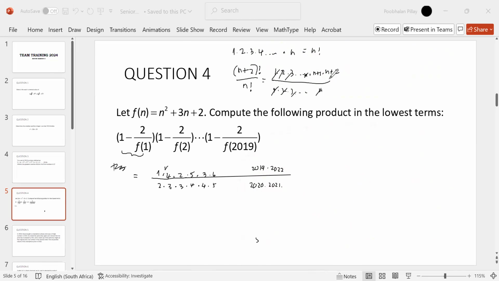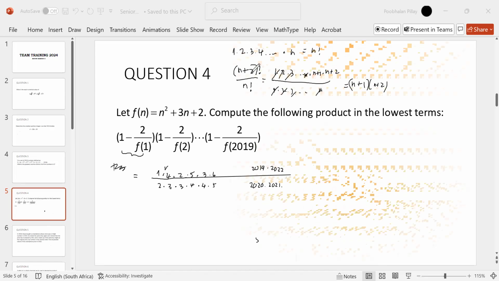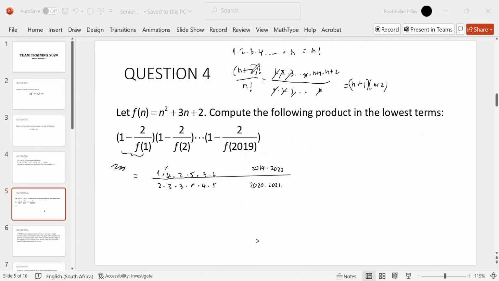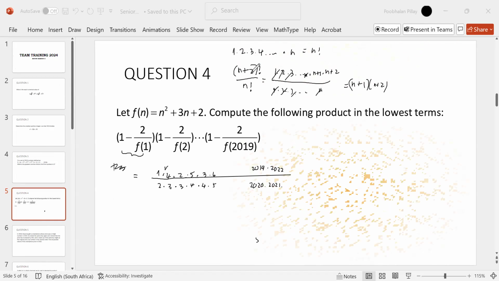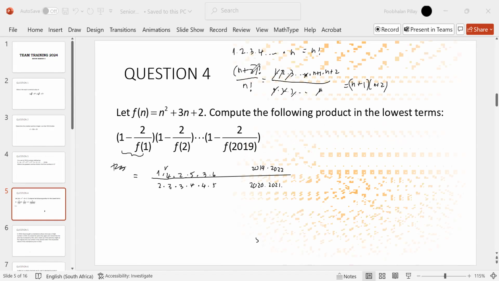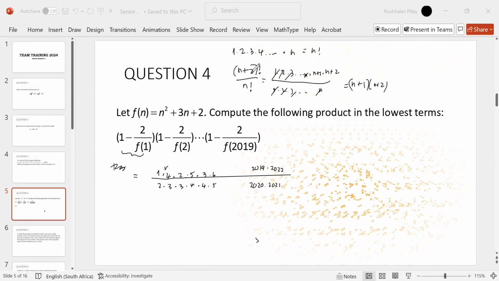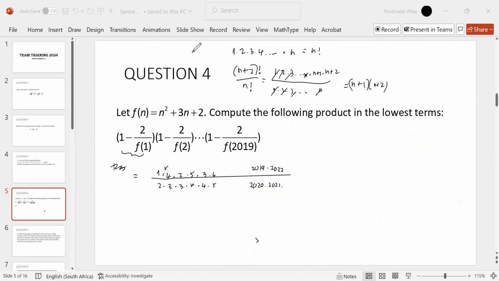And you are left with only n plus 1 times n plus 2. So if you've got two numbers which are very close to each other, and you've got factorials, then this thing simplifies very nicely, right?